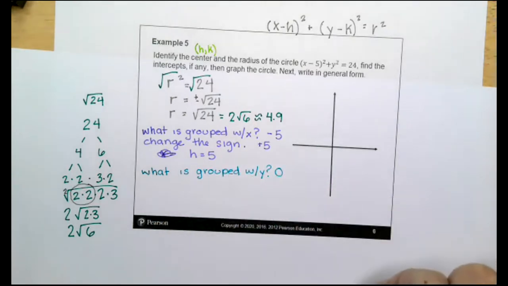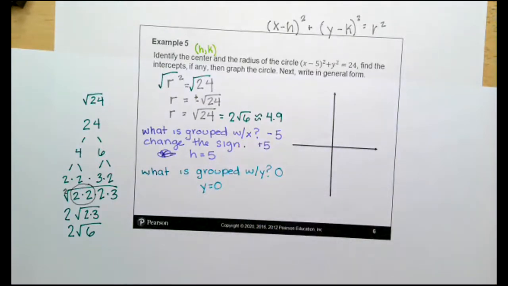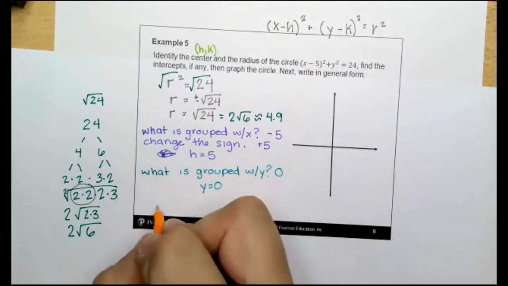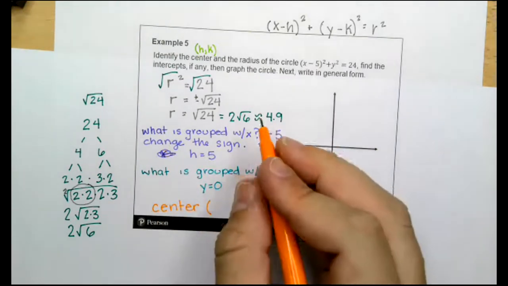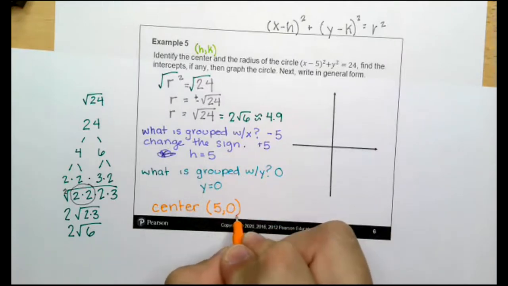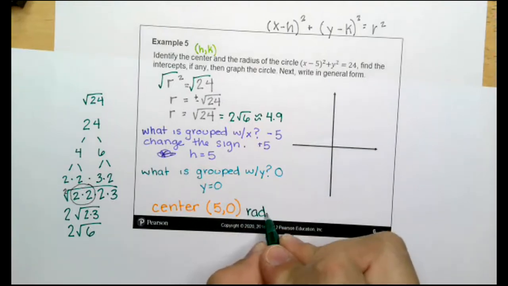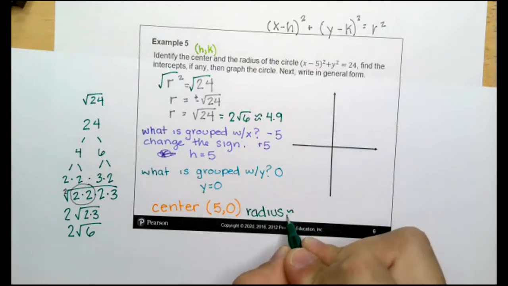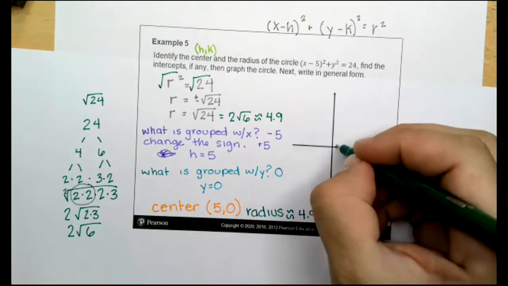It's 0, right? So k is 0 because you can't change the sign of 0. So now we know the center is (h, k), so the center is (5, 0). And we know the radius is about 4.9. So we can graph that right now.